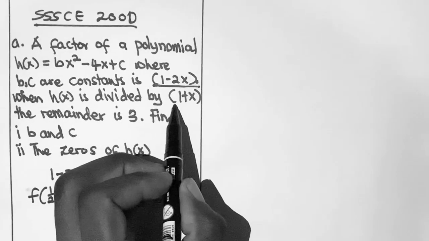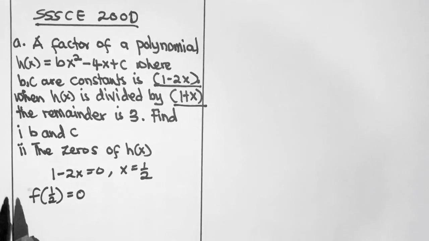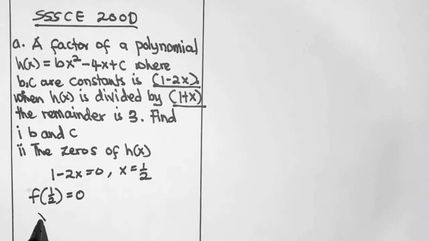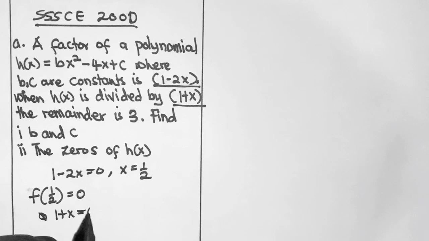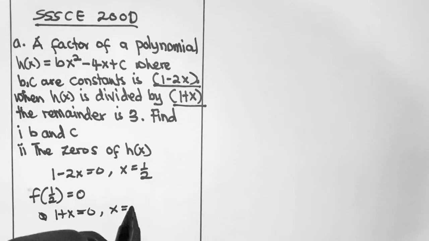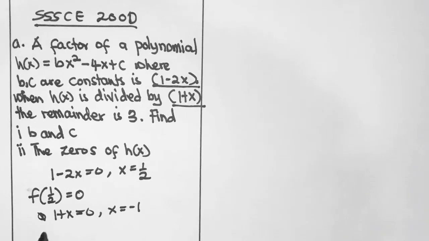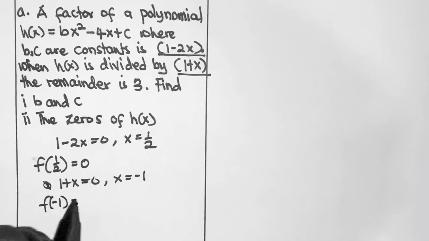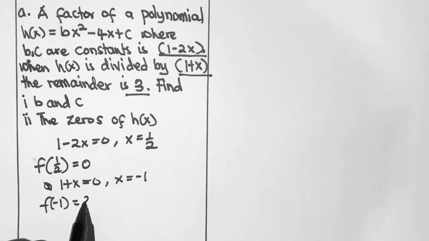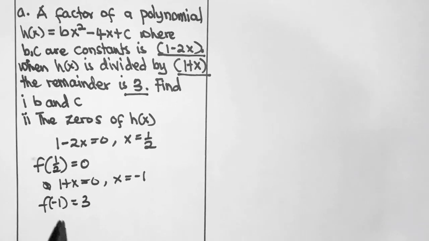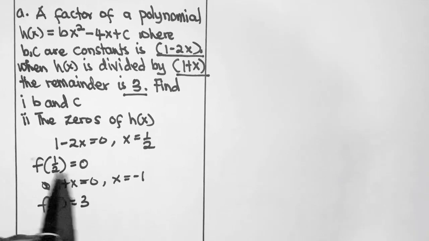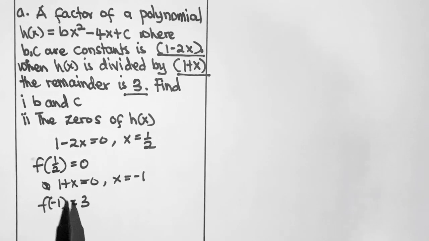Then he says that when we divide by 1 plus x, so let's equate 1 plus x to 0 and find x. So you can see that x is equal to minus 1. So it means that h of minus 1 is equal to, the remainder is 3, so it's equal to 3. So we can use this to write two equations of two unknowns and then solve for b and c.